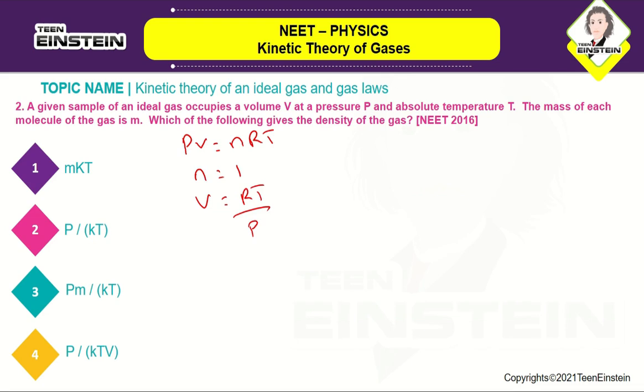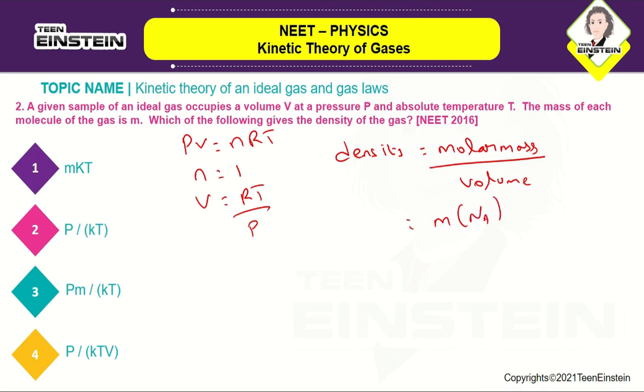Okay, so density is equal to molar mass by volume. So it is m into Na into P by RT.